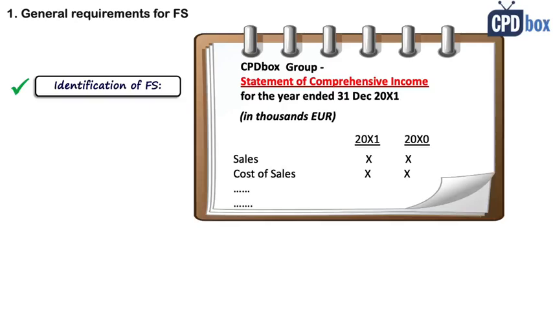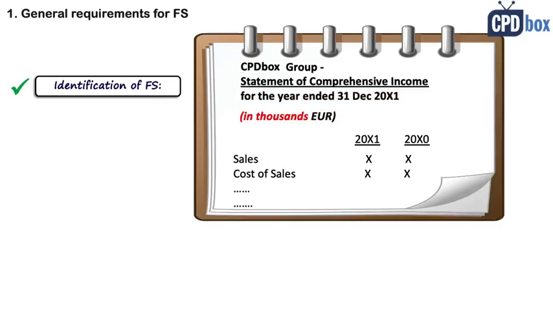Then there must be the name of the reporting entity or information about its change, whether the financial statements are of an individual entity or a group of entities, the date of the end of the reporting period or the period covered by the financial statements, information about presentation currency and the level of rounding used in presentation of numbers.